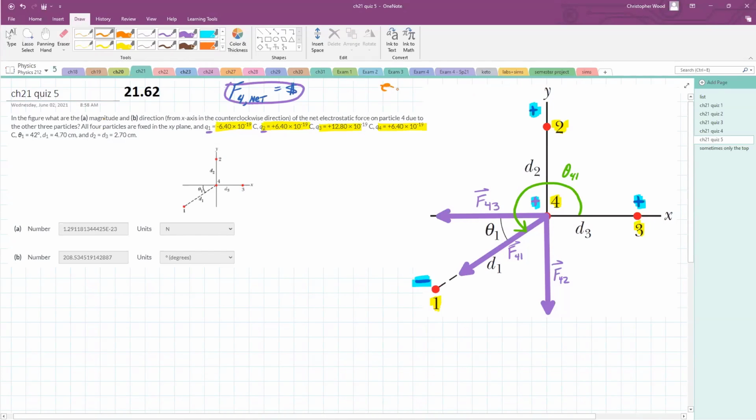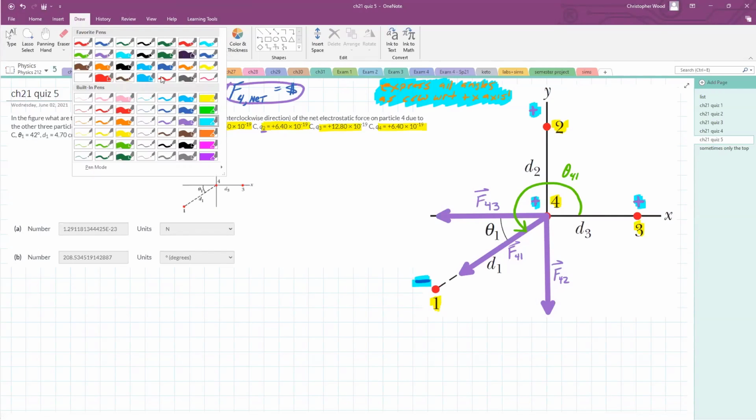So let's express all angles as going counterclockwise with respect to the plus x axis. This is the approach I want to take. If you're going to end up in science or engineering, you like best practices and rational methods. So I'm going to express all angles as counterclockwise with respect to the positive x-axis, which is why I'm expressing theta 41 that way.